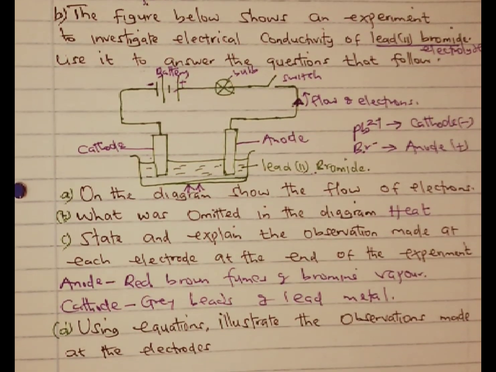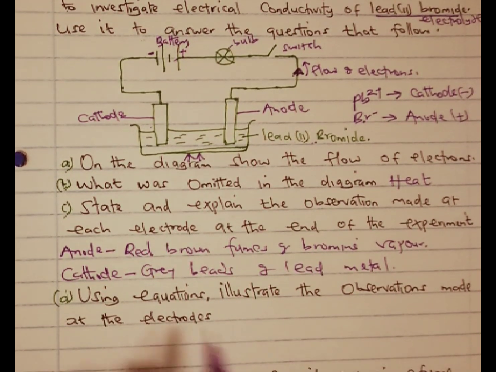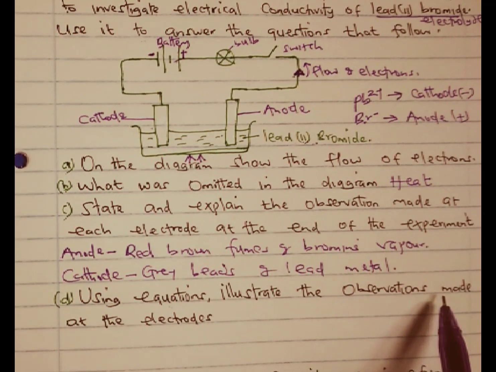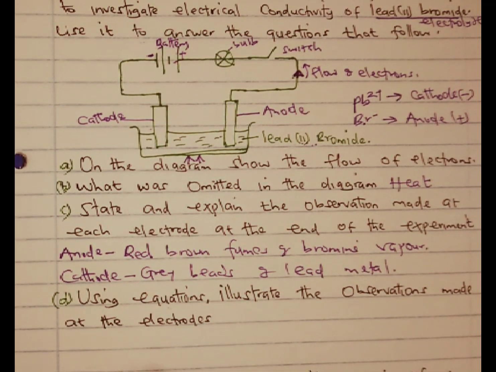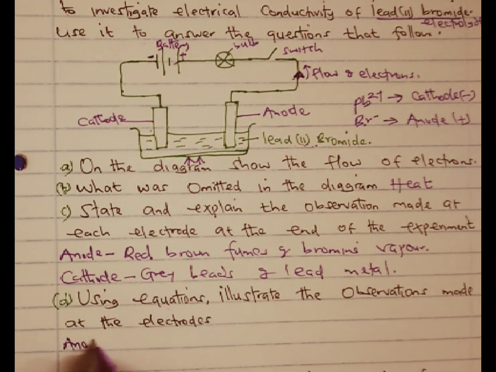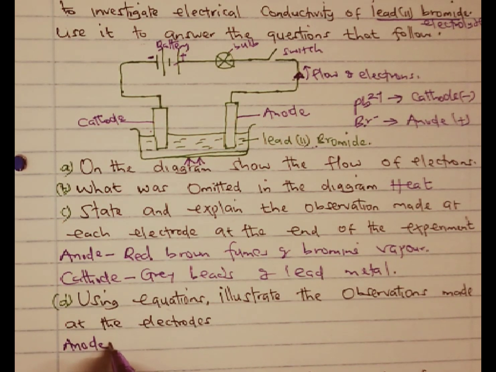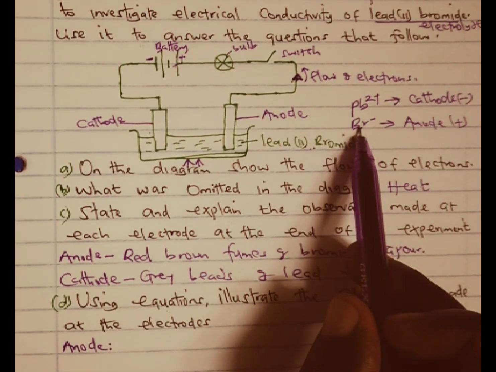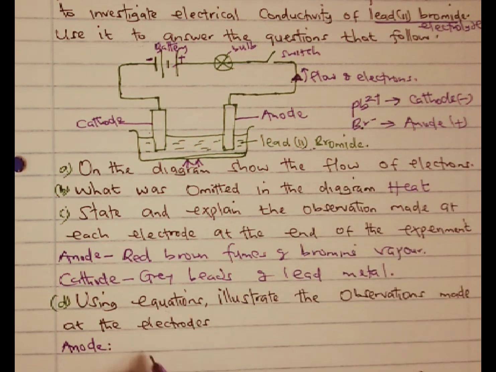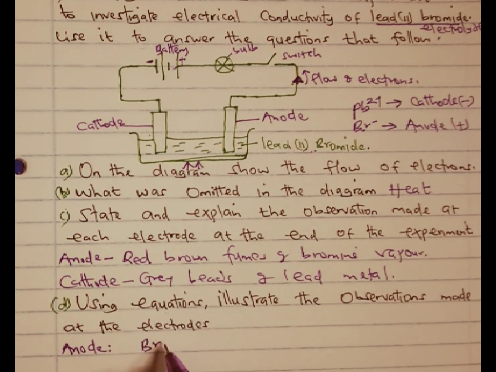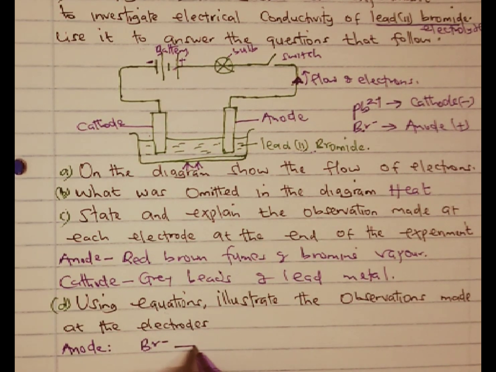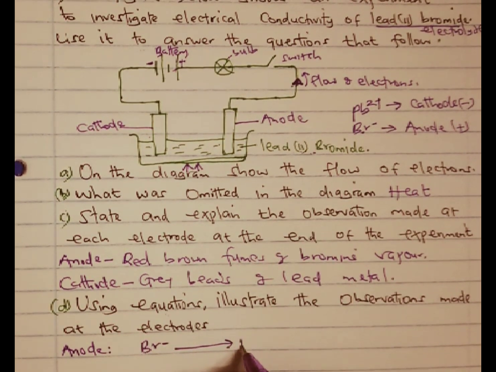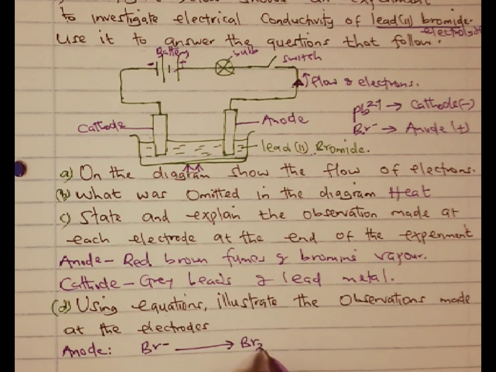Next, which is part D, using equations illustrate the observations made at the electrodes. And again we are going to begin with the anode, where the bromide ions will migrate to, and they are going to lose electrons to form bromine gas.